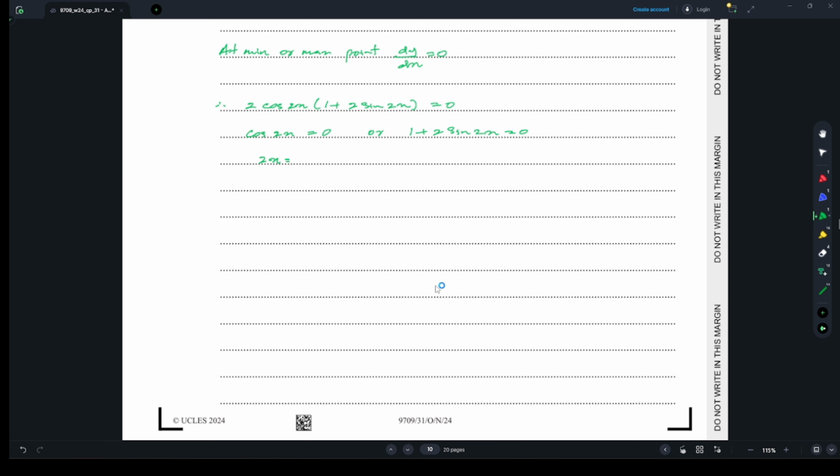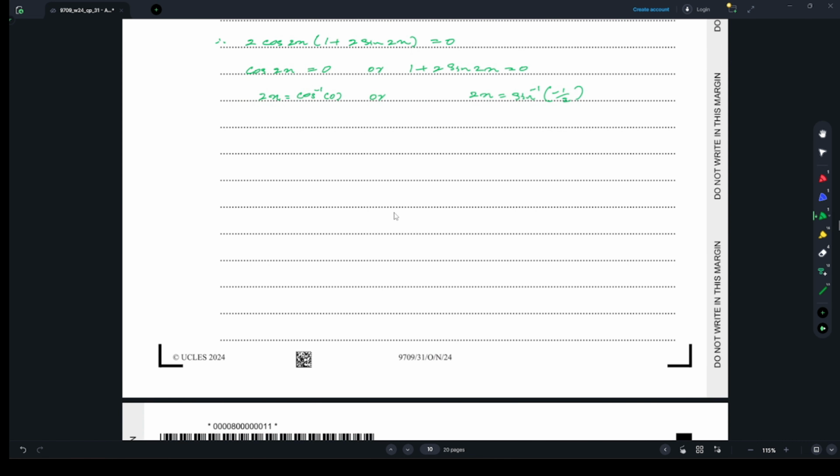So here I can write 2x equals cos inverse 0, or 1 goes to the other side, so minus 1, so minus half. So 2x equals sine inverse of minus half. 2x equals cos inverse 0, which is pi over 2.